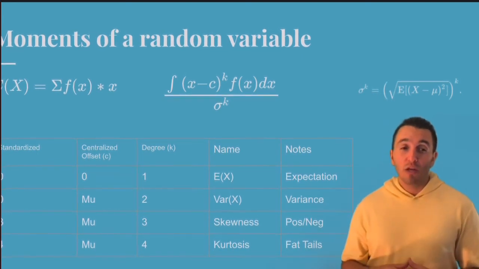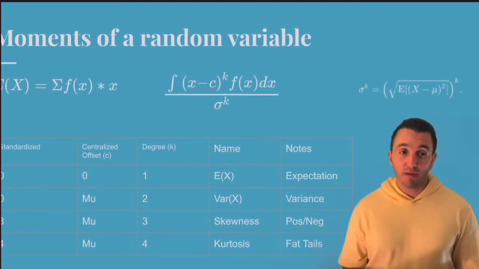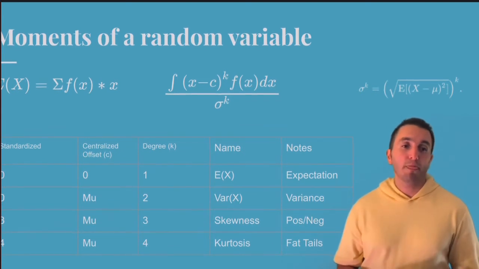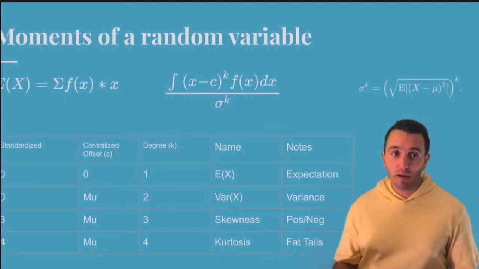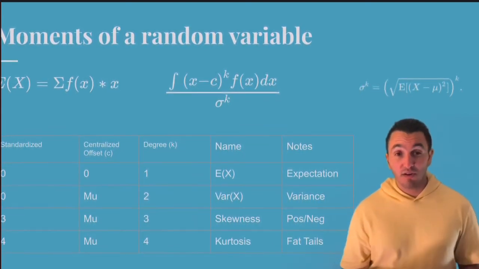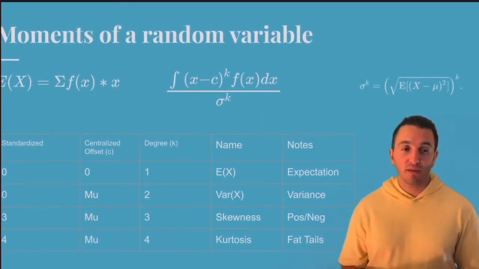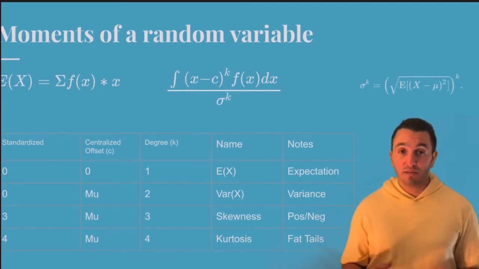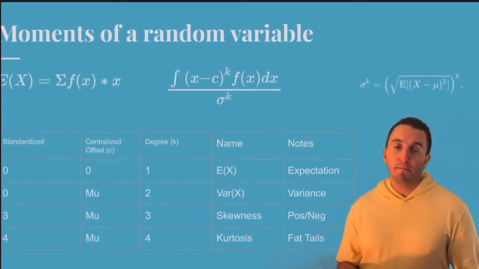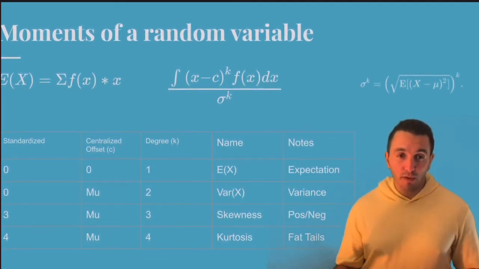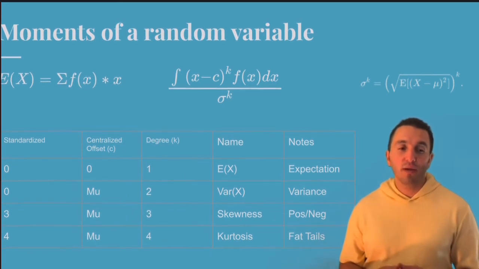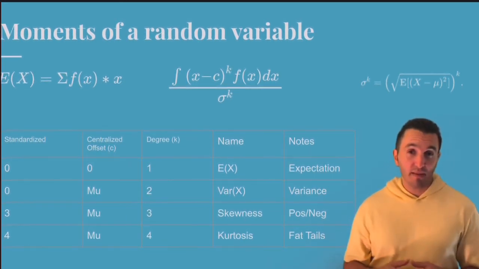So what is E of X? That's the first moment, and in the case of E of X, sigma to the k is just 1, the value c is just 0, and k is just 1. So if k is 1, c is 0, and sigma to the k is just 1, then you have your first moment.